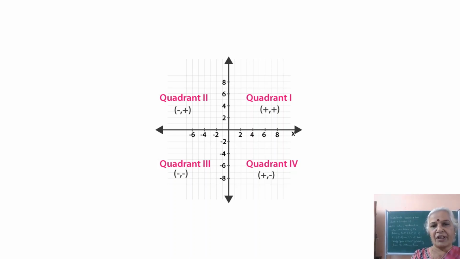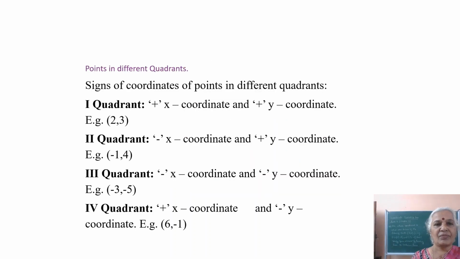In the first quadrant, both x and y are with the positive sign, and in the second quadrant, x is negative and y is positive, and in the third quadrant, both x and y are negative, and in the fourth quadrant, x is plus and y is minus. That is the signs of coordinates of points in different quadrants.